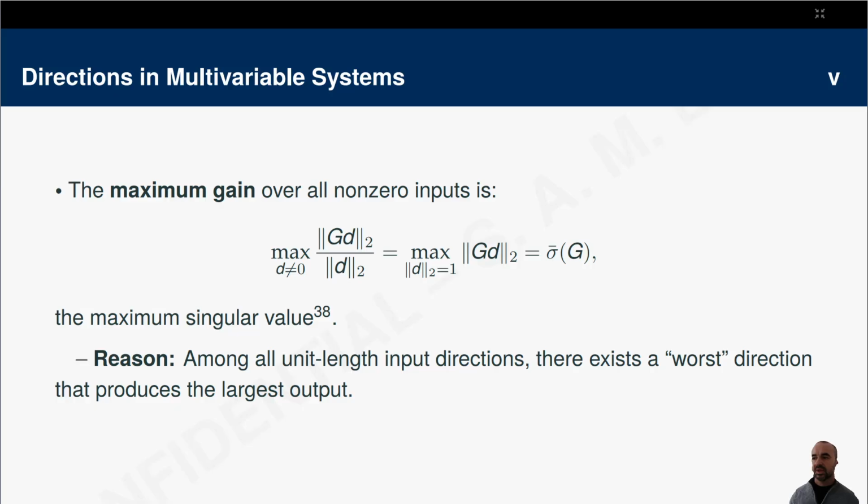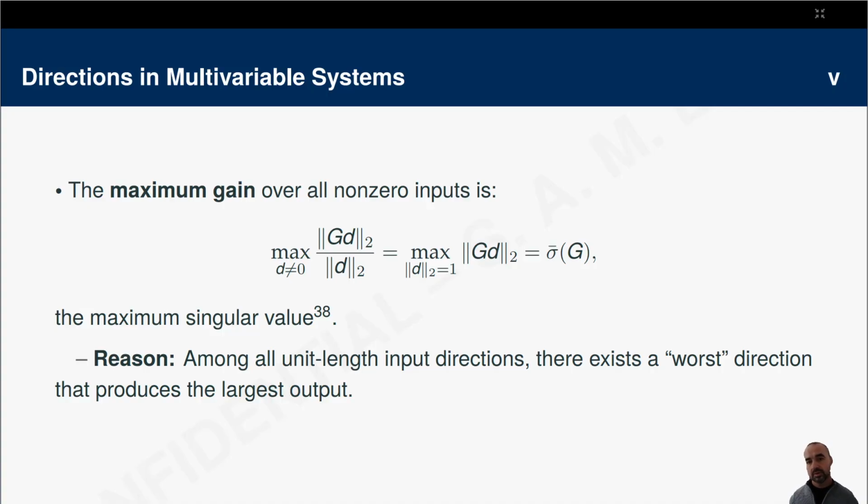The maximum gain: let's define the maximum gain over all non-zero inputs. Again, we have the norm of Gd over the norm of d, becoming the max of the norm of Gd, which equals sigma bar of G. This is the maximum singular value. To explain this further, we want to compare directions fairly, not by using a bigger input.